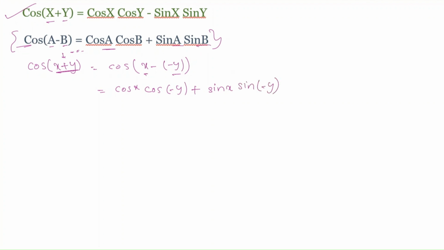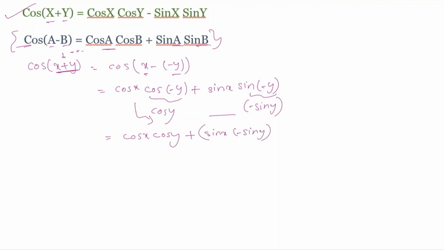From the formula cos of minus theta is equal to cos theta, this becomes cos y, and sin of minus theta is equal to minus sin theta, this value becomes minus sin y. So this can be written as cos x cos y, and this second term will become plus sin x into minus sin y.